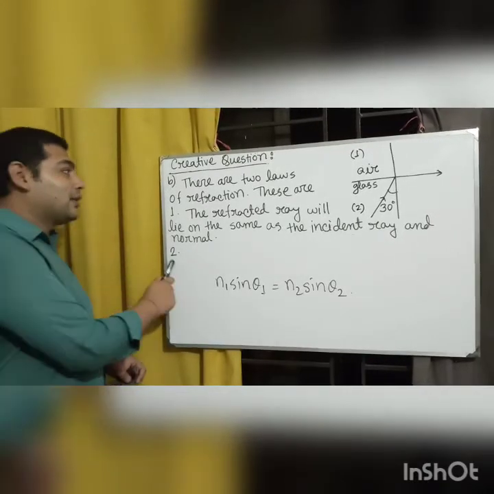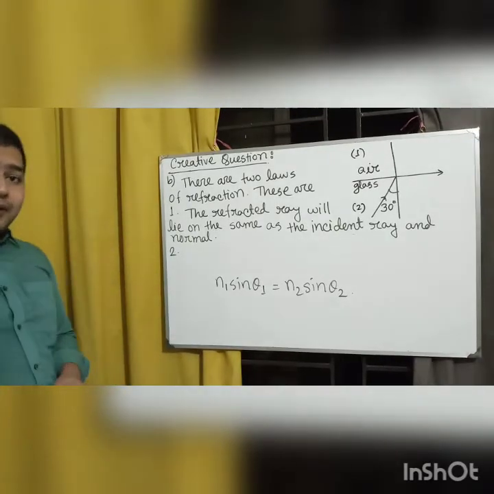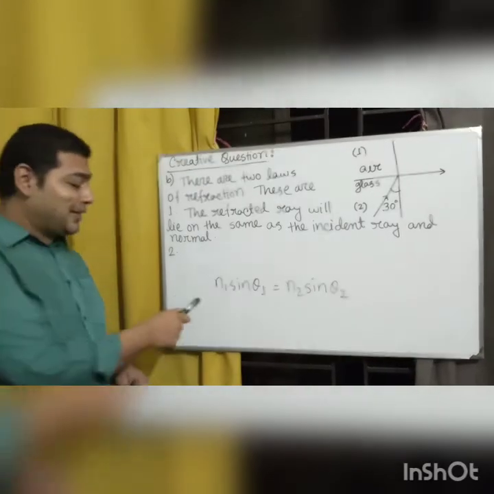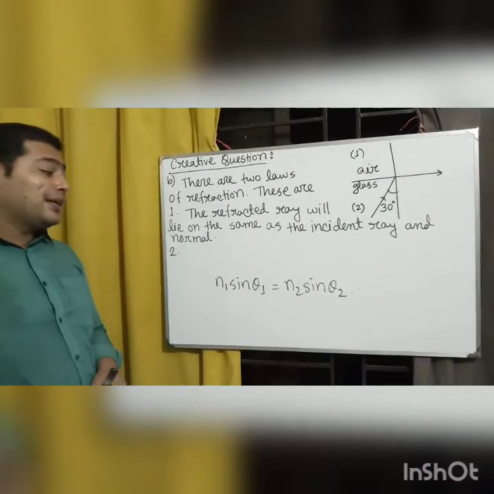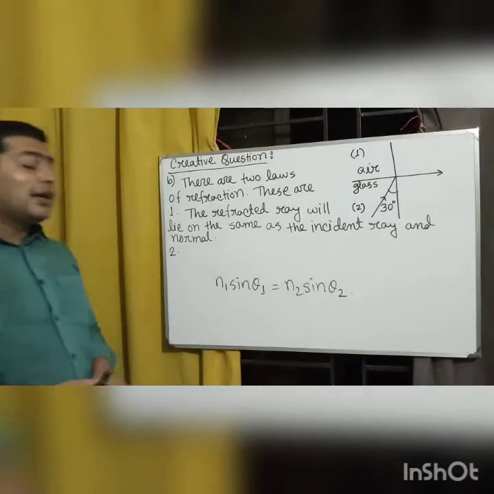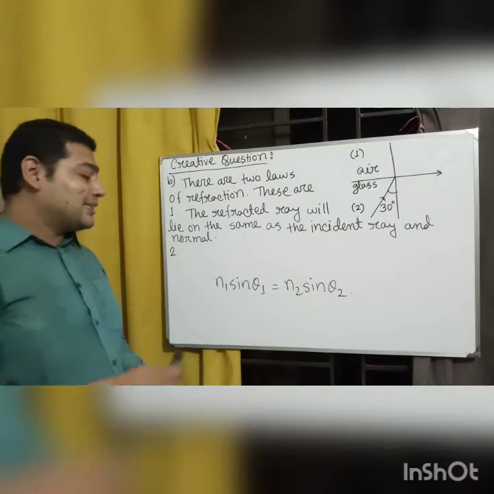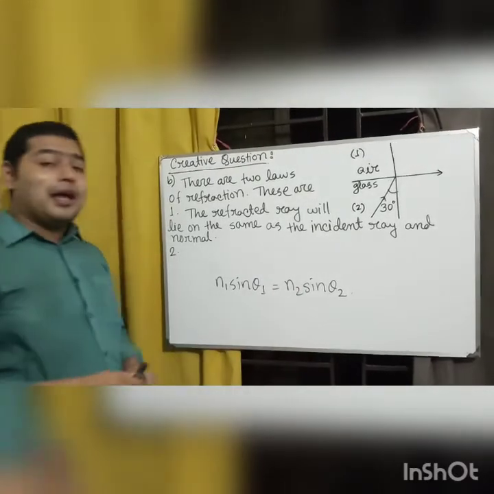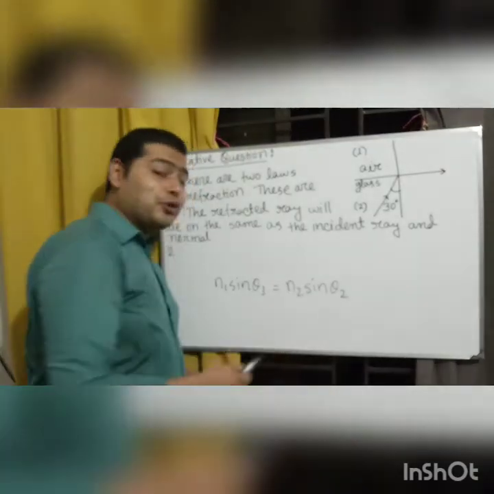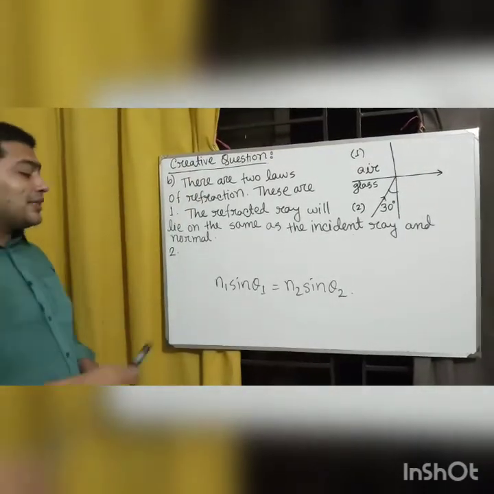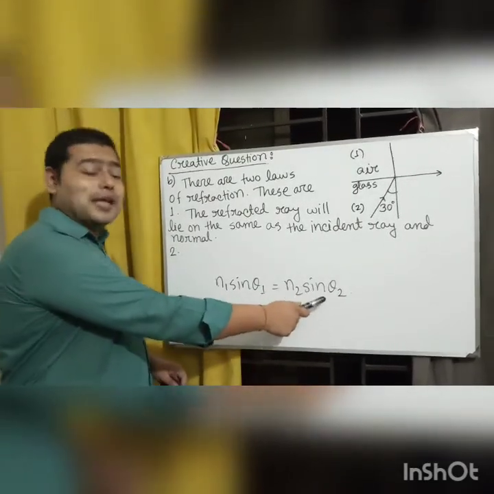And the second law is, if the refractive index of the first medium is N1 and the refractive index of the second medium is N2, and the angle of incidence is theta1 and the angle of refraction is theta2, then we can write N1 sin theta1 equal to N2 sin theta2.